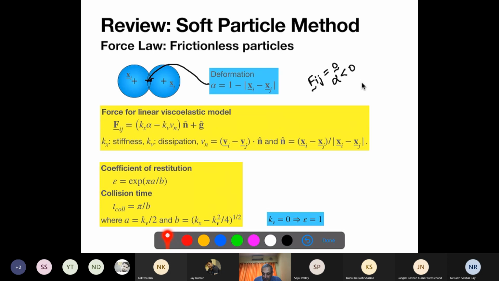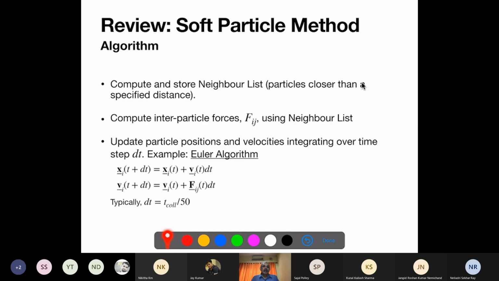Now if we put kV equal to 0, that means A is equal to 0, and you have here exponential of 0, which is 1. So that's why the coefficient of restitution is 1 when there is no viscous dissipation. So no energy is lost. Now that was the force acting.